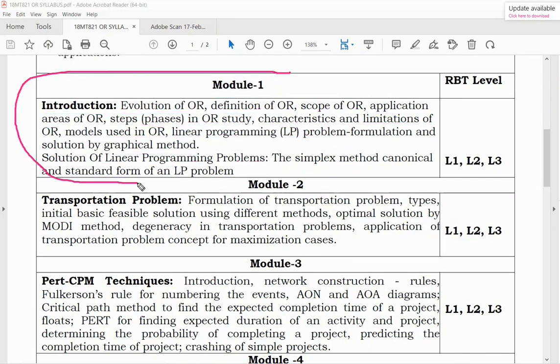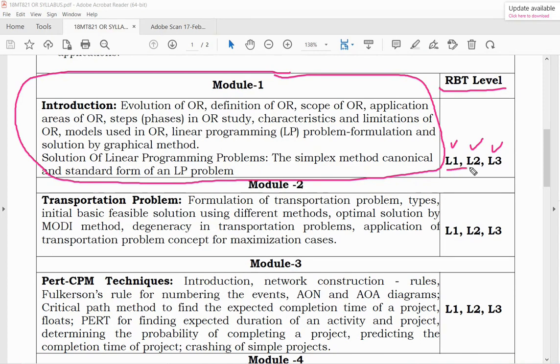One by one we can discuss, then we can cover as per the topic which is required. Then obviously, remember Bloom's taxonomy, where there will be level 1, level 2 and level 3, knowledge level 1, knowledge level 2, knowledge level 3.